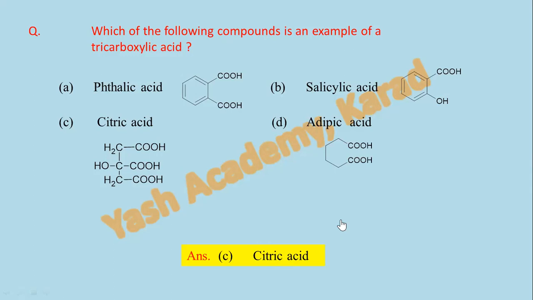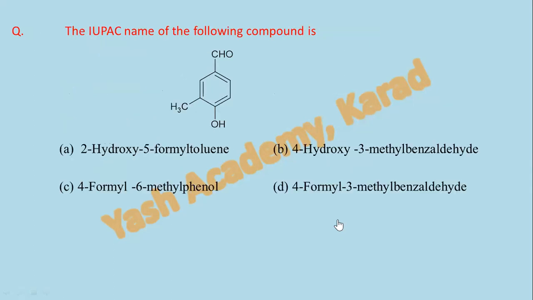Okay. Now we'll go to the next multiple choice question, that is, the IUPAC name of the following compound is. You are given the structure of an organic compound which mainly contains multifunctional groups, that is, two different functional groups present in the same compound, and you are asked what is the IUPAC name of the given structure.